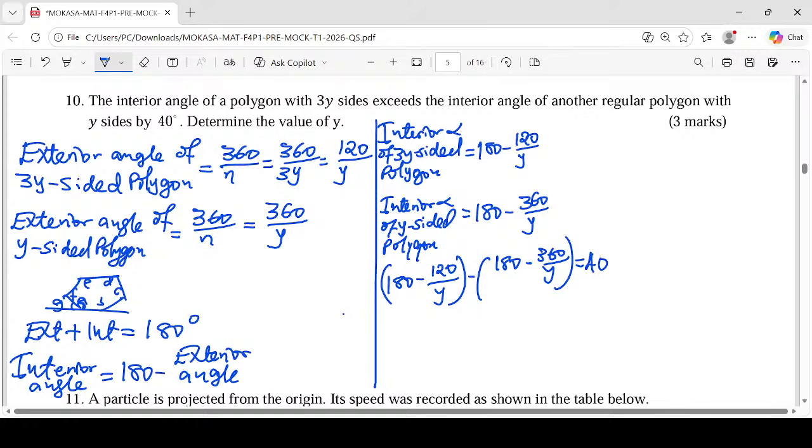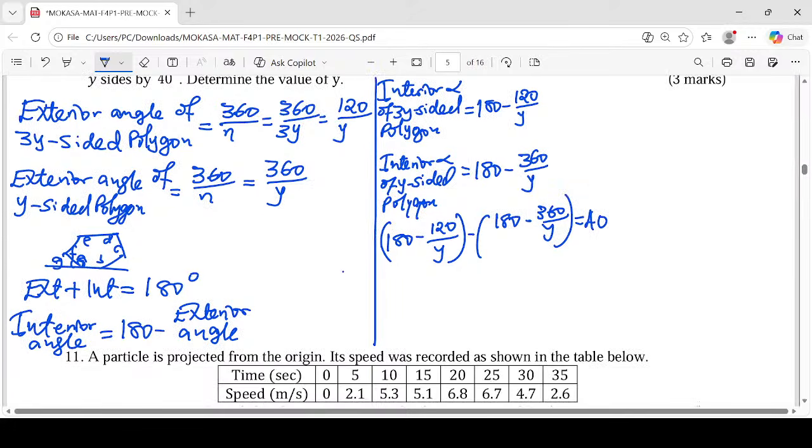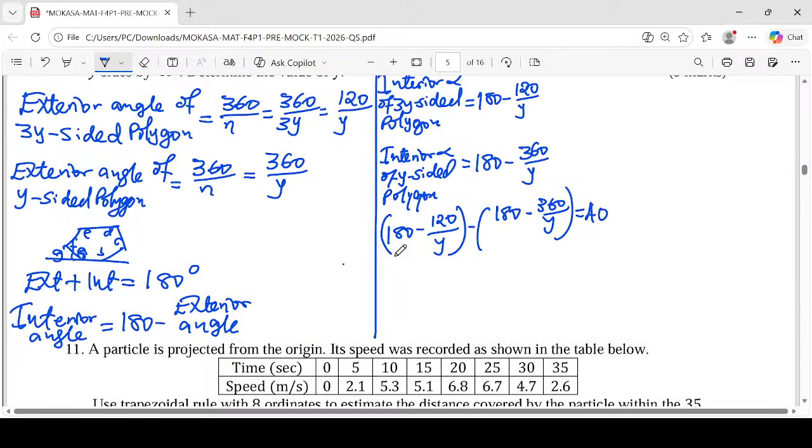Then here, you are free to open the brackets. We are going to have this as 180 minus 120 over y minus 180 plus 360 over y. This gives me 40.